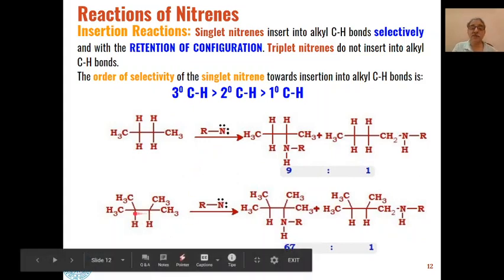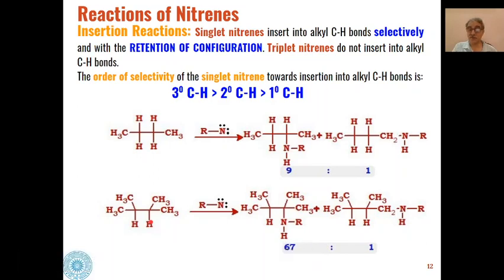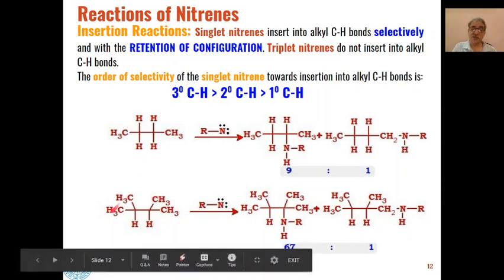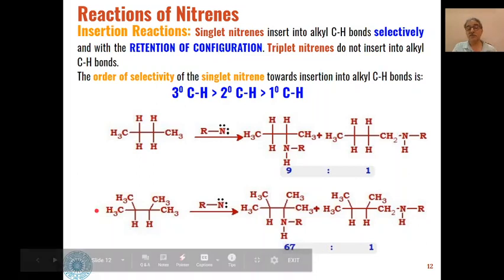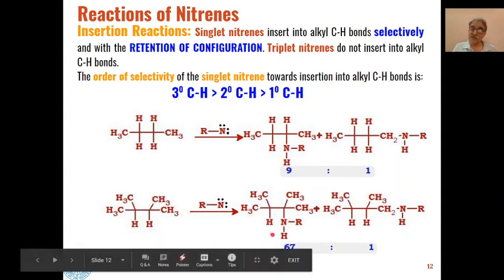Similarly, if we have 2,3-dimethyl butane, we have substituted two hydrogens by methyl groups. Now this carbon hydrogen bond is a tertiary carbon hydrogen bond, whereas all these 4 methyl groups have carbon hydrogen bonds which are primary in nature. You can see over here that insertion of the nitrene into the tertiary carbon hydrogen bond is 67 times more as compared to the primary carbon hydrogen bond insertion.